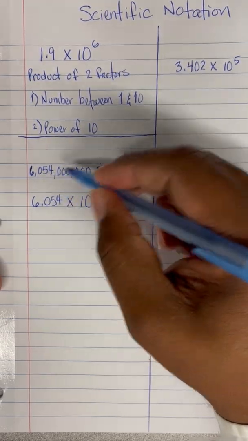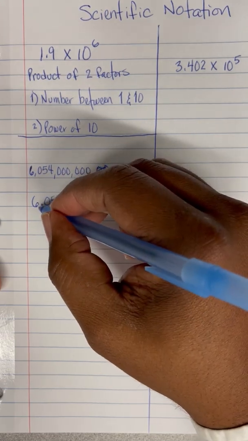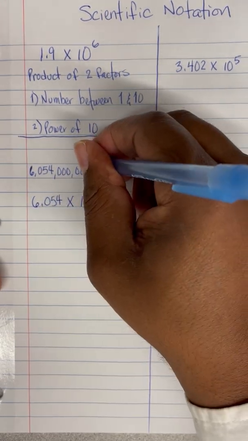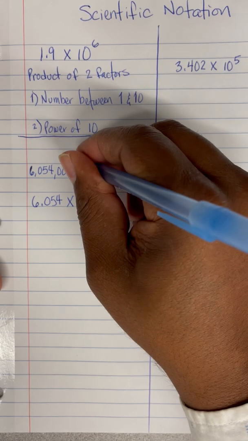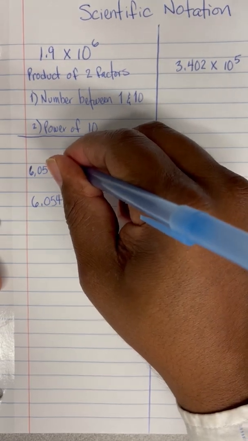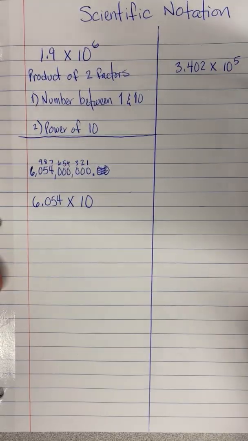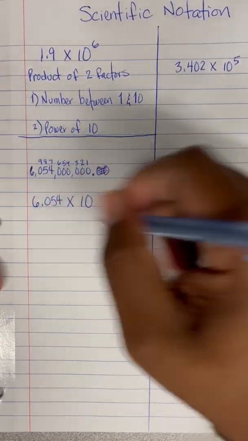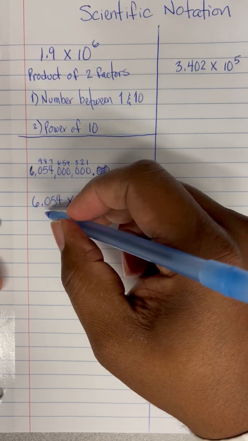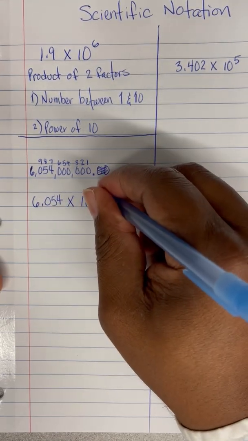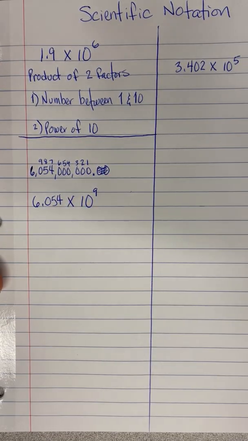So it has to move back all the way between the 6 and the 0. So this is 1 digit, 2, 3, 4, 5, 6, 7, 8, 9 digits that the decimal has to move to get in between the 6 and the 0. So the exponent here is going to be 9.